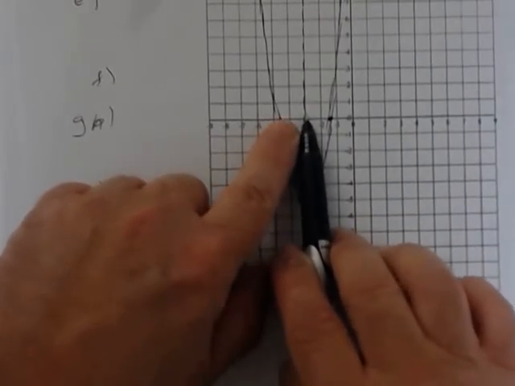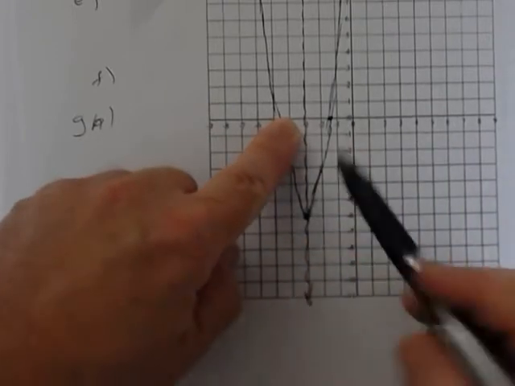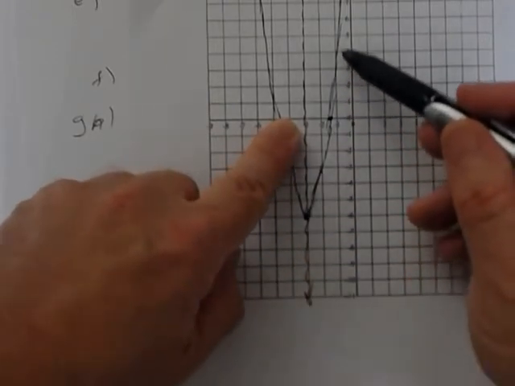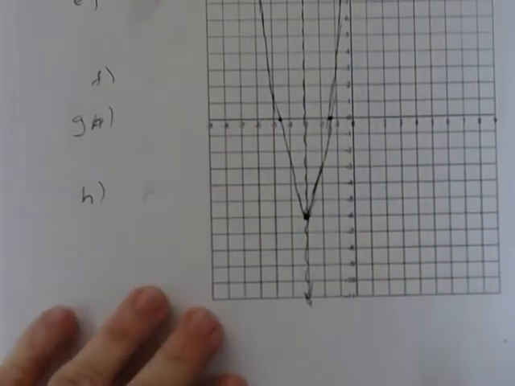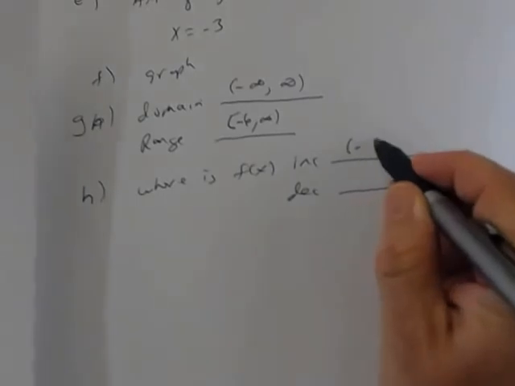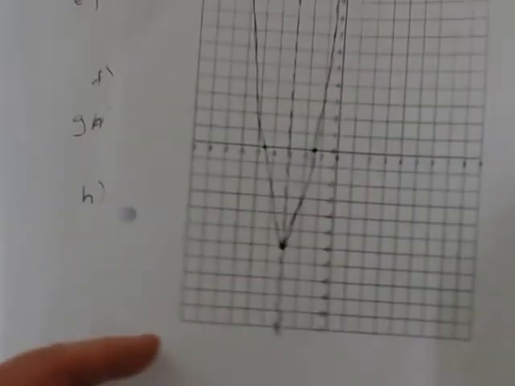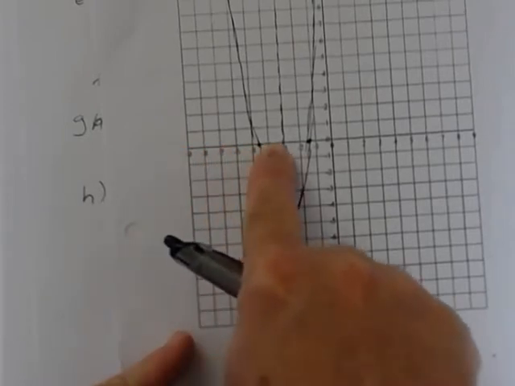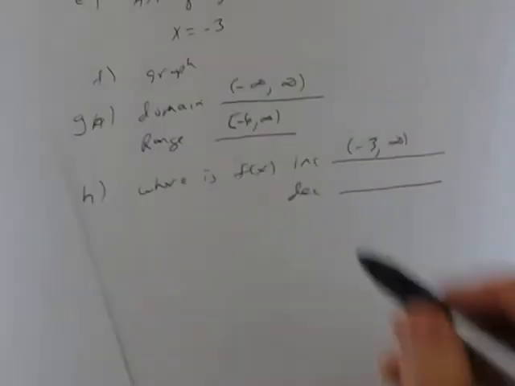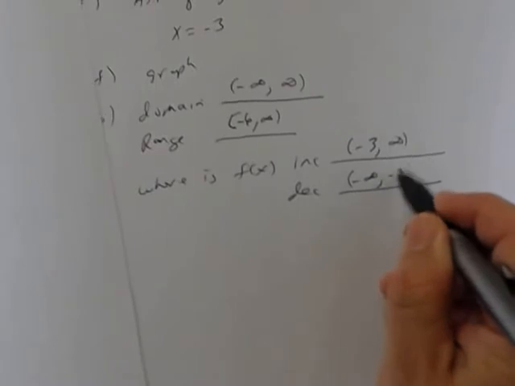So you're going from -3 to infinity. What are your y values doing? Remember, f of x is y. So what are your y values doing? Increasing. So from -3 to infinity. Open intervals. And then it's decreasing from -infinity to -3. All right?